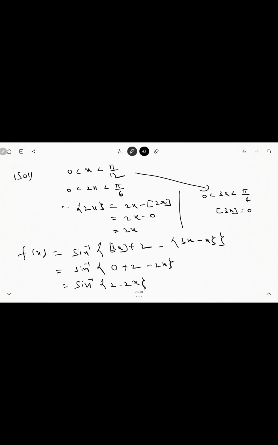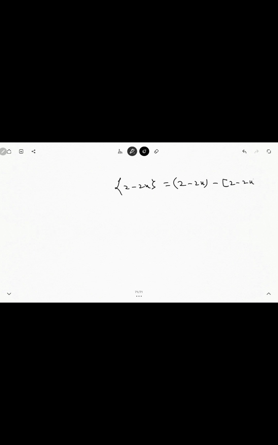Again you have to simplify this, or make this free from fractional part. Now 2 minus 2x. The fractional part of 2 minus 2x is, how to write it? 2 minus 2x, I mean some alpha minus box of alpha. You can write 2 outside, minus 2 minus the integer part of minus 2x.